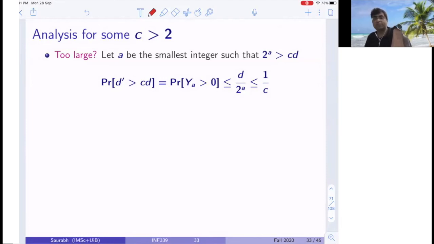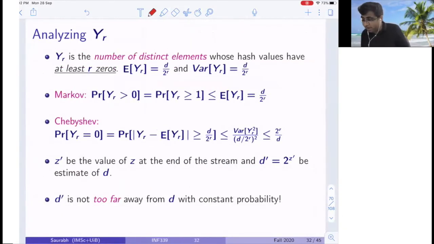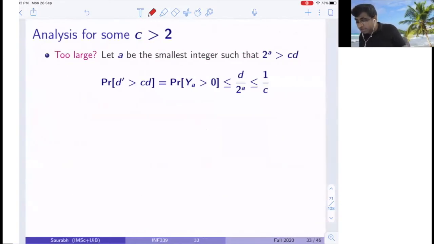It means there is ya. What does ya tell us? Ya is the number of distinct elements whose hash values have at least a zeros. So the probability that d prime is greater than cd means at least one hash value has more than a zeros.